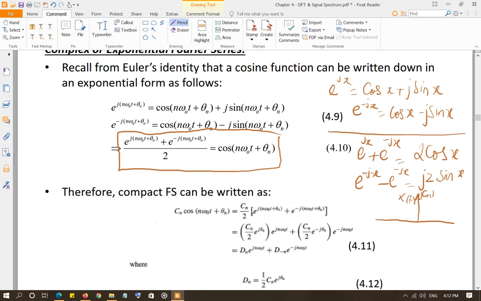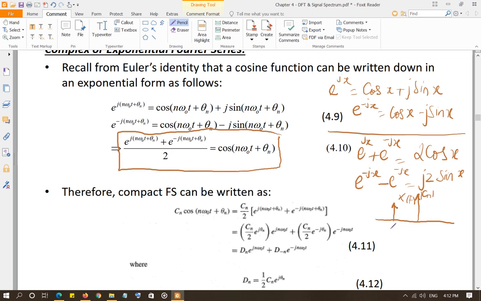X of f has 1 impulse. When you convert the exponential signal into the frequency domain, an exponential signal produces an impulse. So you have 1 impulse at n omega naught, sorry, and the other impulse at negative n omega naught.